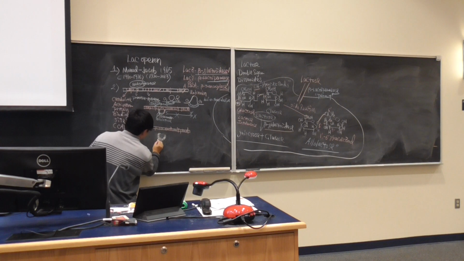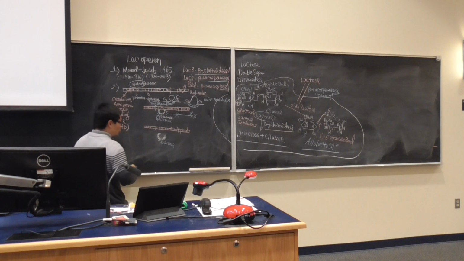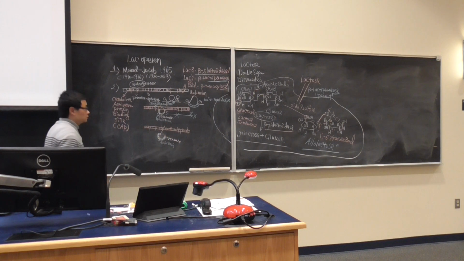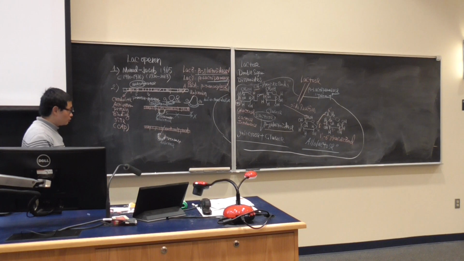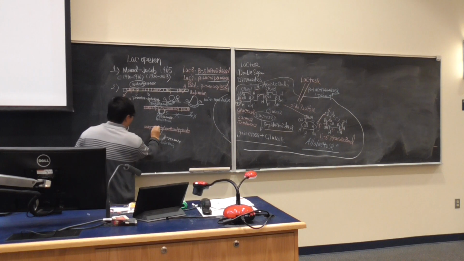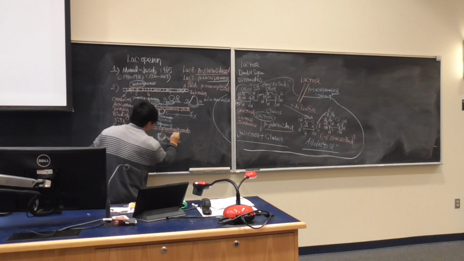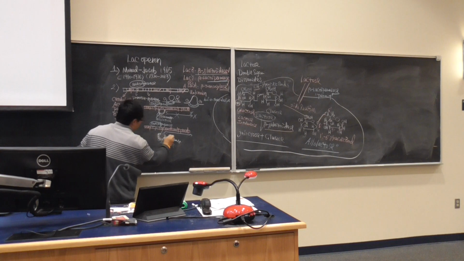This allolactose goes here, and the tetramer will not combine to O. They will release. Okay, then what happened? Then the RNA polymerase will attach to the promoter, and then the transcription will happen. That's 5' to 3'.